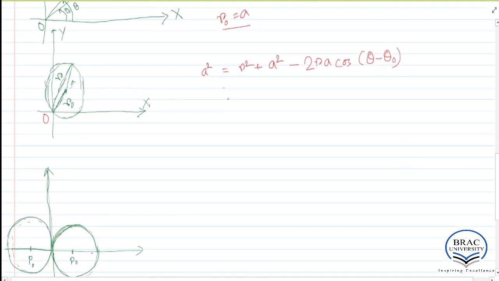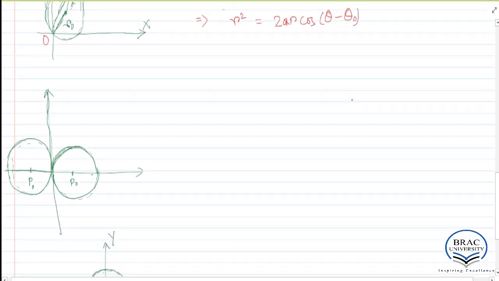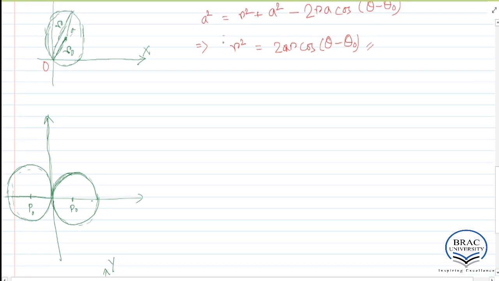Now these a square terms will cancel from both sides, and we will be left with r square on the left hand side equals 2 a r cosine of theta minus theta naught on the right hand side. So this equation tells us that the circle passes through the origin and it has radius a.